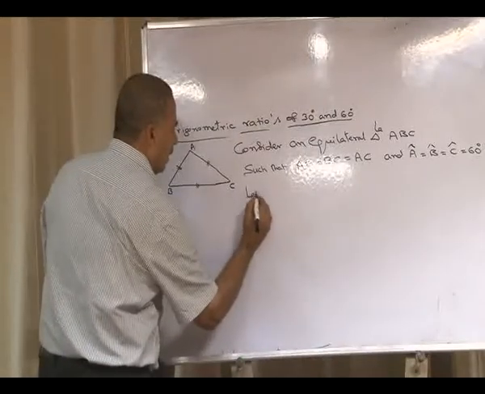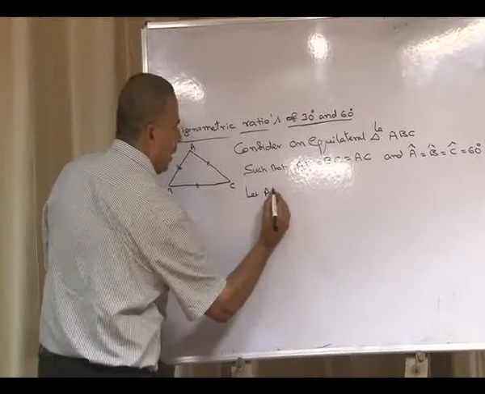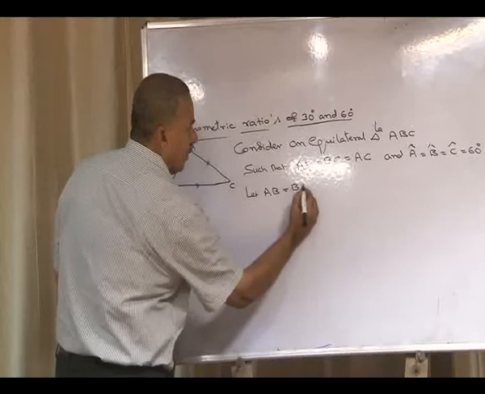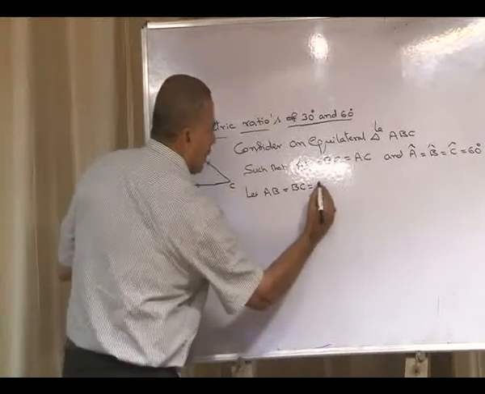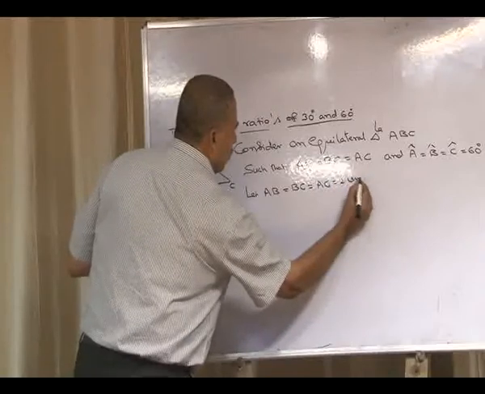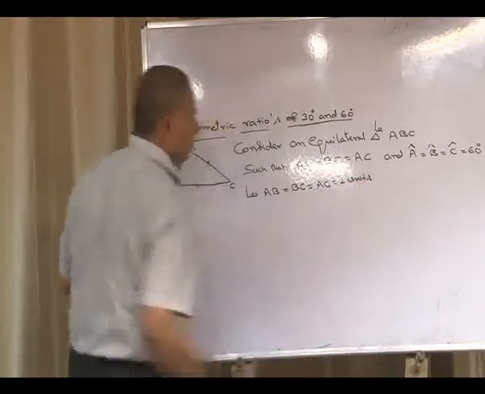Let AB equal to BC equal to AC equal to 2 units.